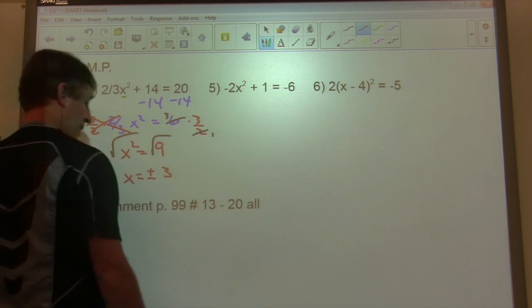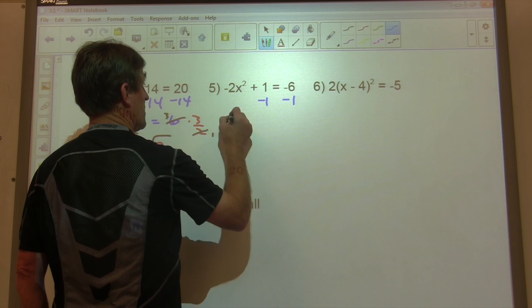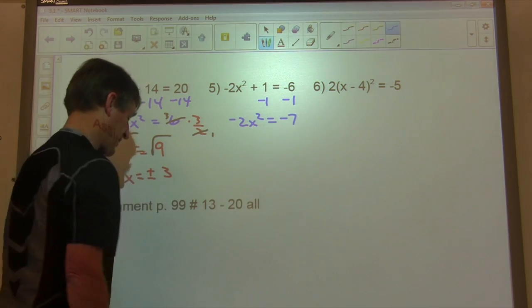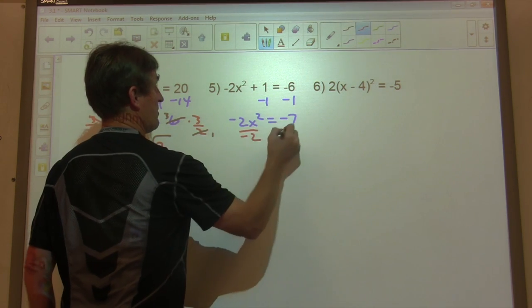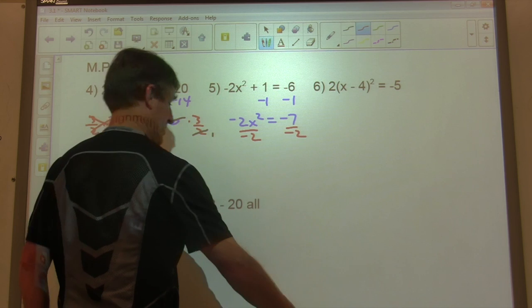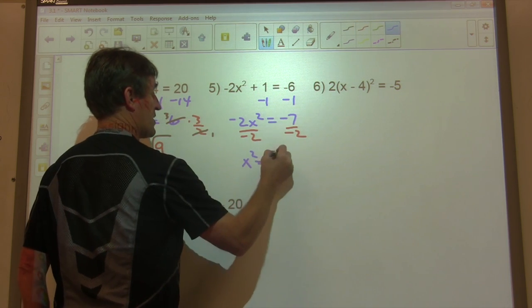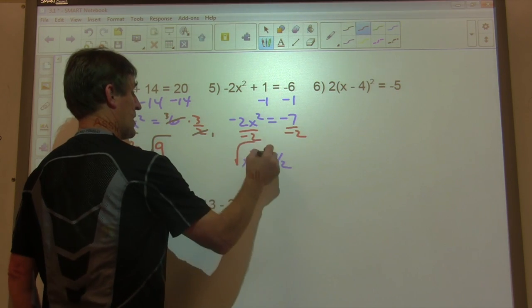So if you did this one correctly, again, the first thing we would do is subtract 1. So we get -2x squared equals -7. Divide by -2. So we get x squared equals, 2 negatives is a positive, 7/2. Take the square root of both sides.